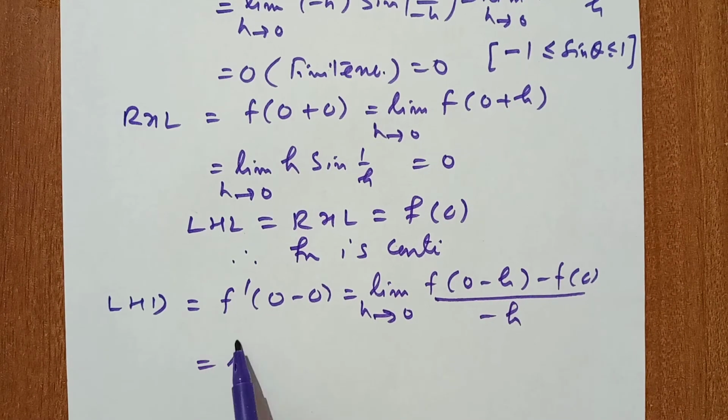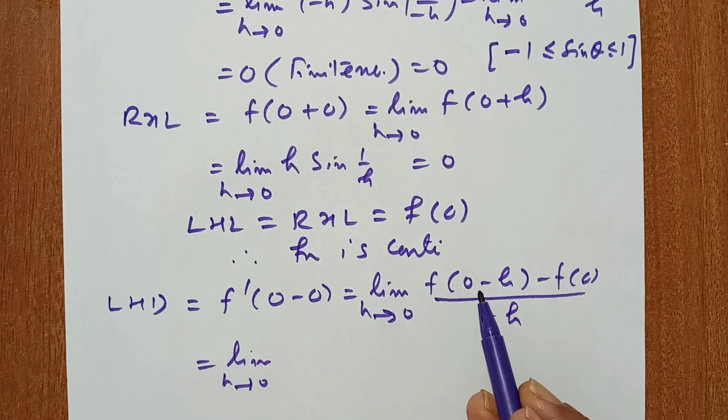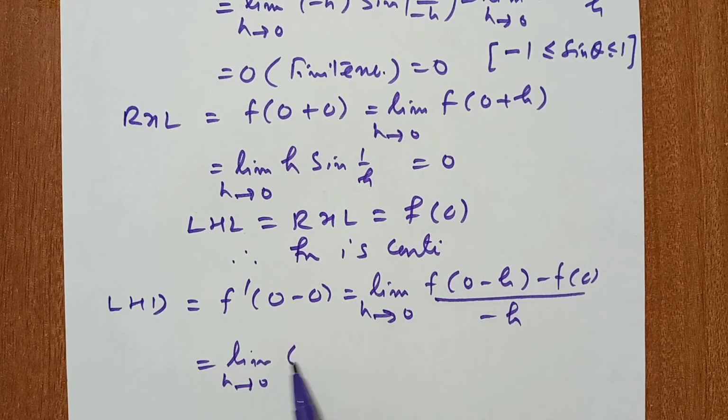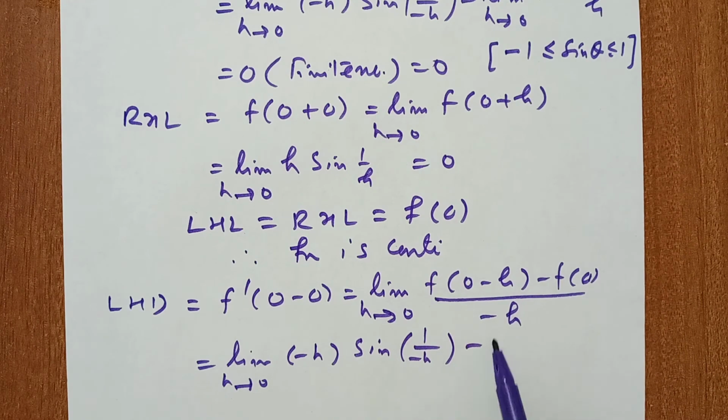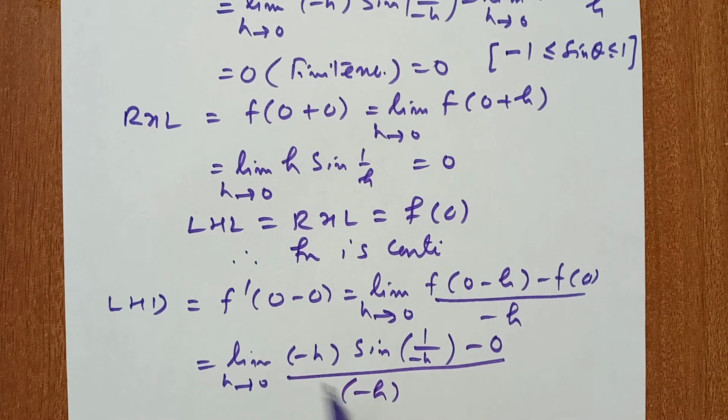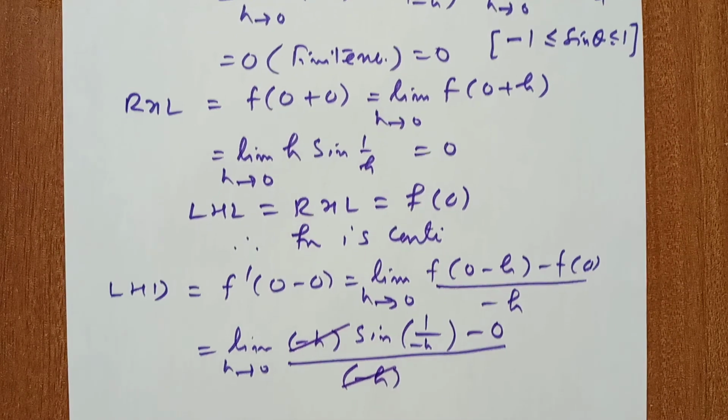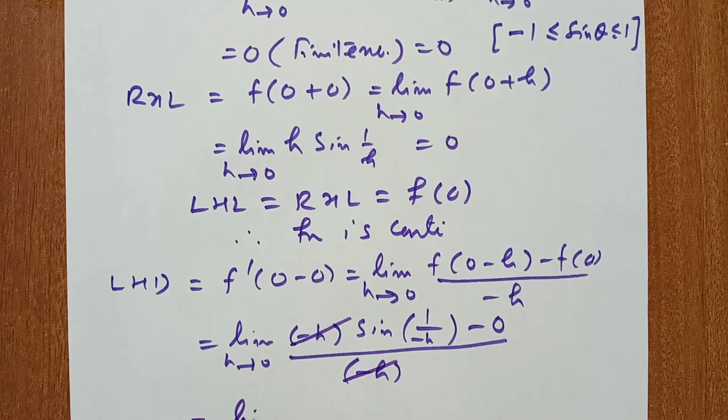So this equals limit h tends to 0, f(0 − h) means f(−h), so −h sin(1/(−h)). f(0) is equal to 0, given in the question, so this is 0 upon −h. So this cancels. Since sin(−θ) = −sin θ, this equals −sin(1/h).